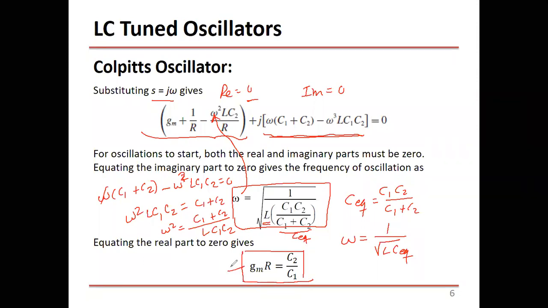The gain of the transistor is Gm times the load resistance at the output. So the gain should be C2 over C1. Under these two conditions, this Colpitts oscillator will oscillate at this frequency, provided the gain is this much. Any questions?